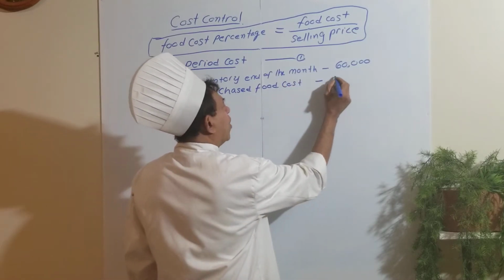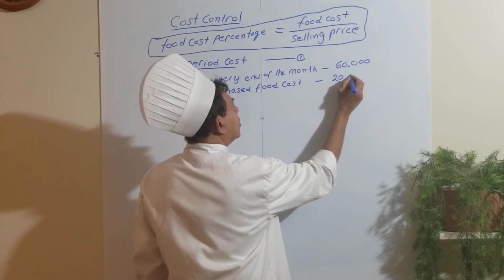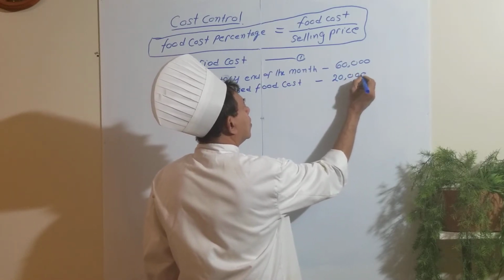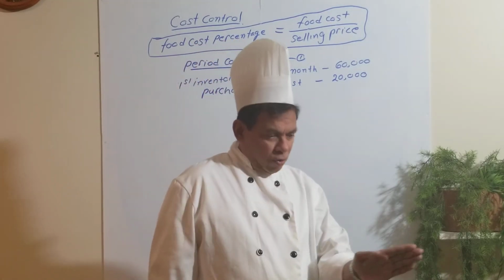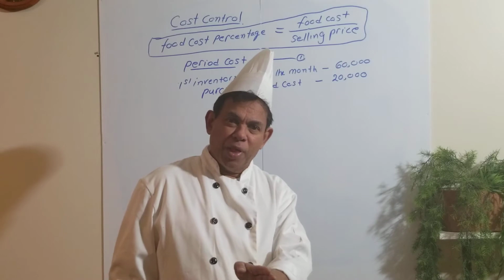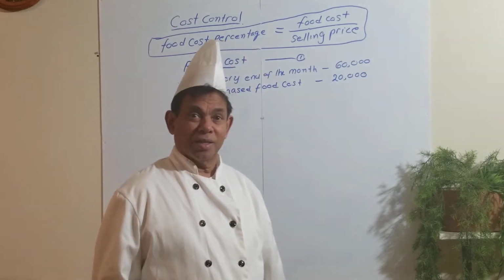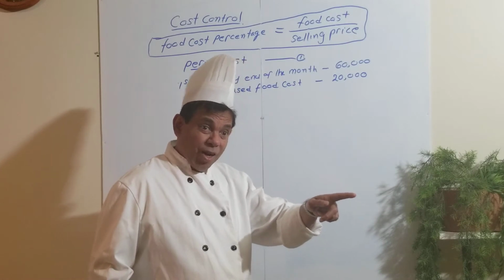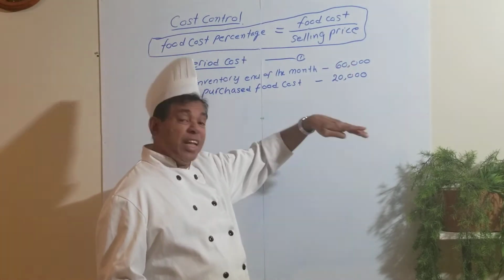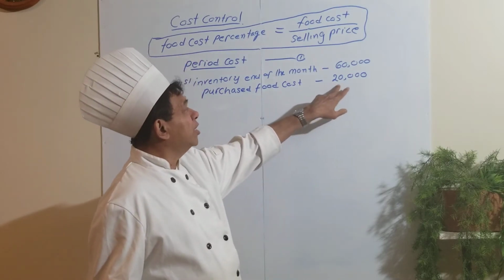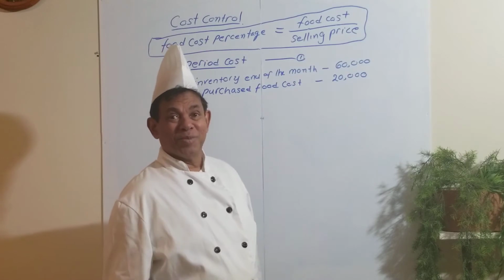Suppose I buy 20,000. I bought 20,000 of food from the beginning of this month until the end of this month. But the last month end, my food cost was 60,000 in the kitchen. Now after that inventory, I bought another 20,000 of food to the end of this month.